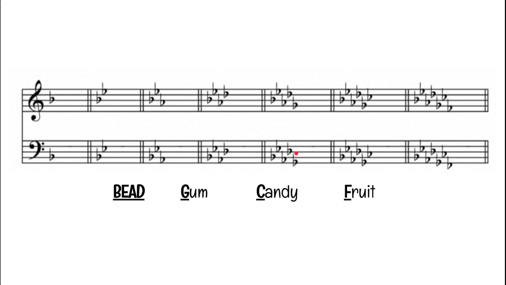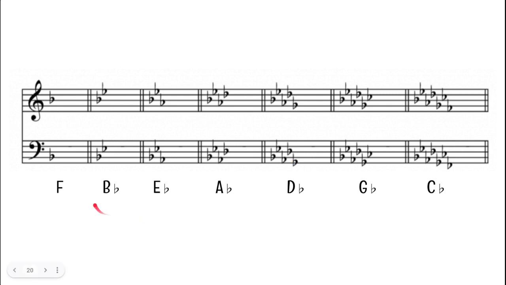And a mnemonic I like to use for this one is bead, gum, candy, fruit, representing B, E, A, D, G, C, and F. Here are the major keys that correspond to each different key signature of flats.